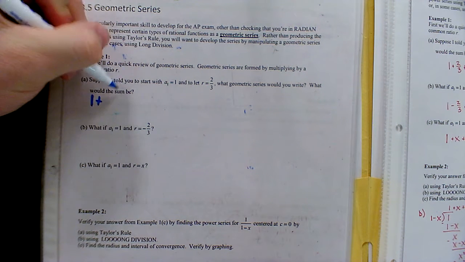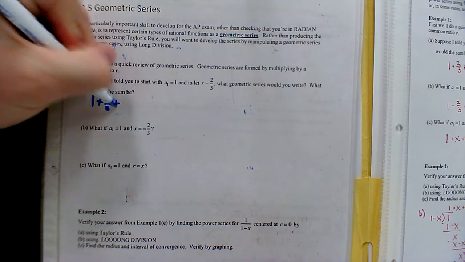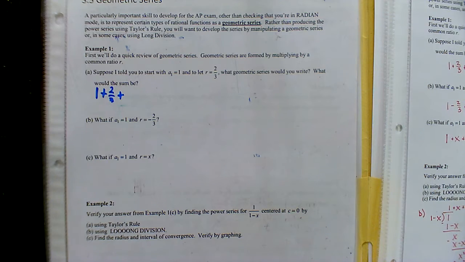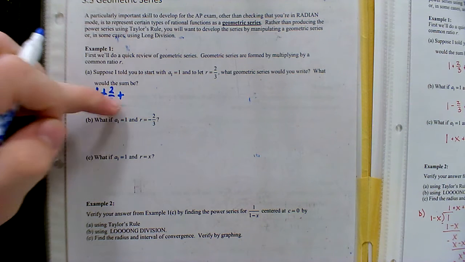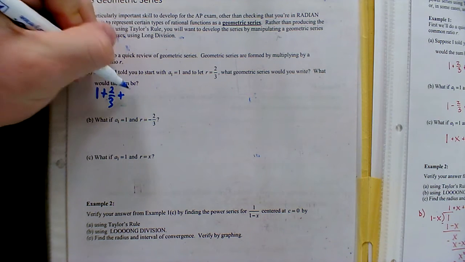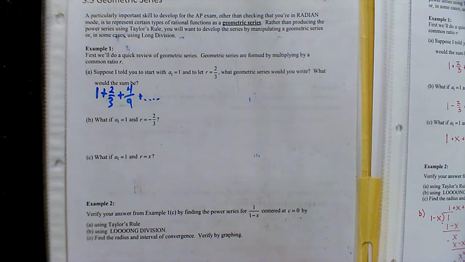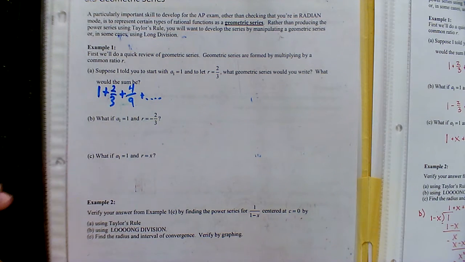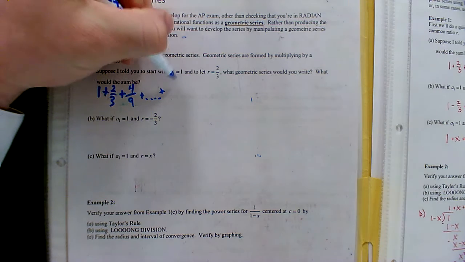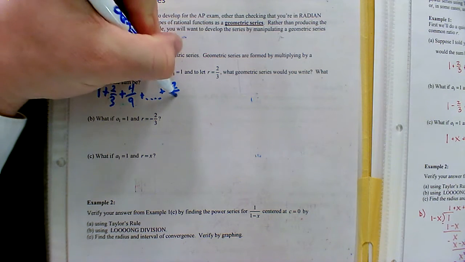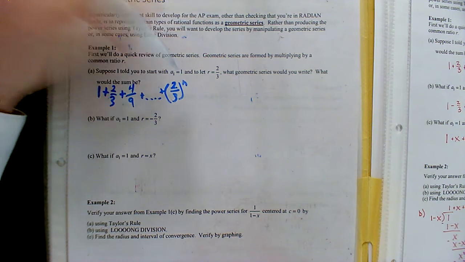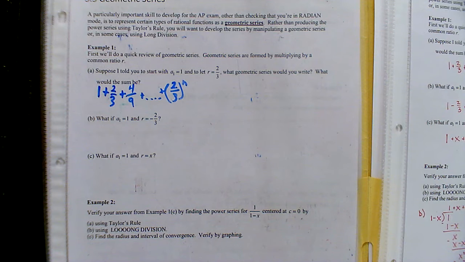It's a r to the n, so it's 2/3, yes. What's the next term? Yes, 4/9. And we'll just stop there. Again, that's going to continue on. It's just r to some power. And that rule would be 2/3 to the nth power. Again, some ratio to a power.